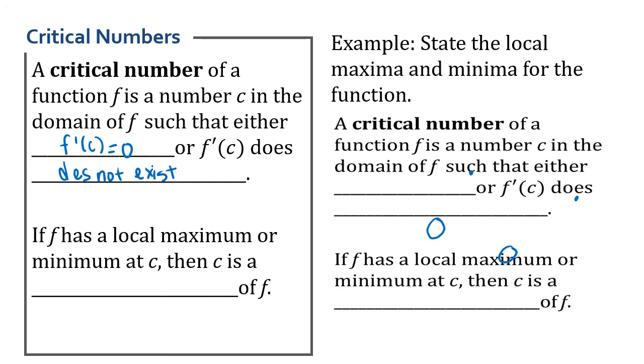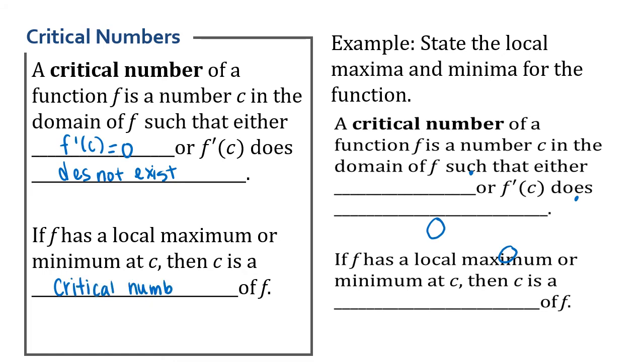So a critical number is going to be helpful in helping us find these local minimums and local maximums. So if f has a local maximum or minimum at c, so at the x value c, then we'll say that c is a critical number.